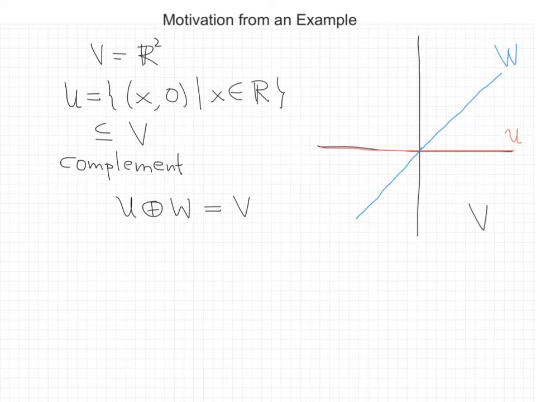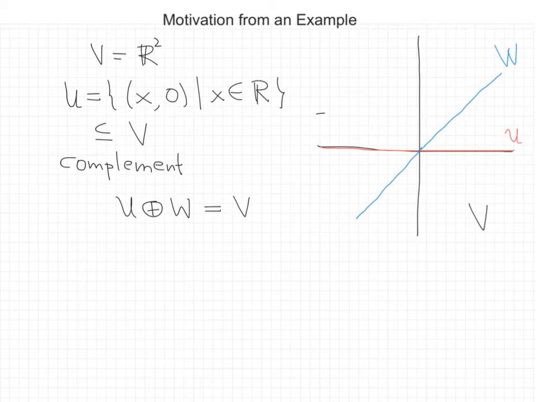Now, the point is to find a vector space which will not be a subspace of the vector space V, but which is in a certain way naturally isomorphic to all possible complements of the subspace U. And here's the idea.